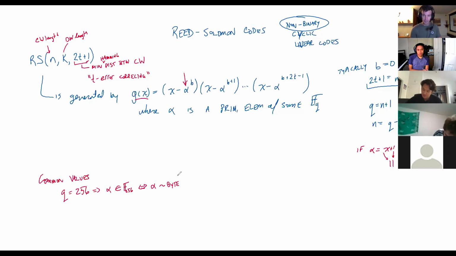So even though alpha is going to appear as a polynomial, that polynomial will only go up to a power of 7, a degree 7. Okay, so if q is 256, then n would be 255 if we follow this rule. And then the other degree of freedom is to pick k equal to 223.